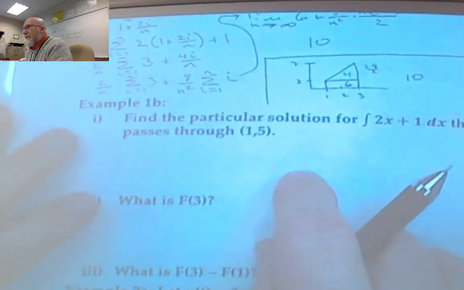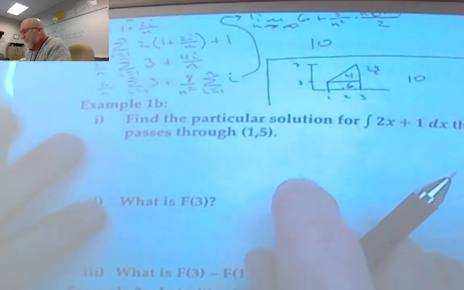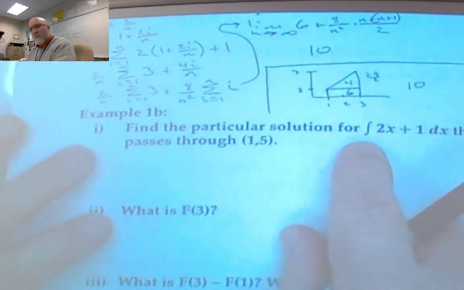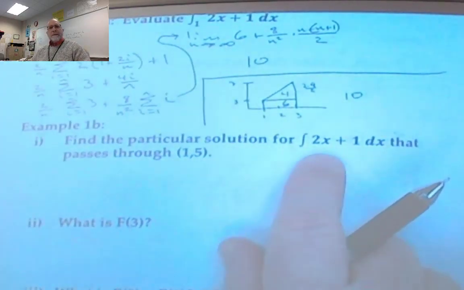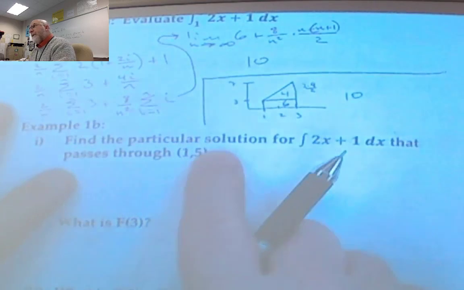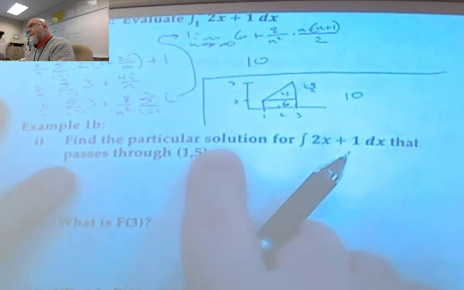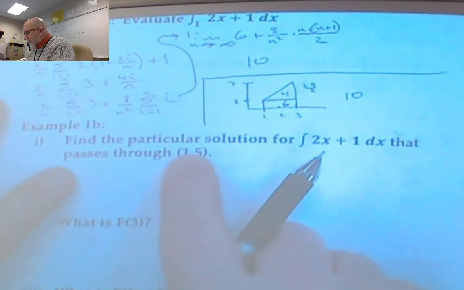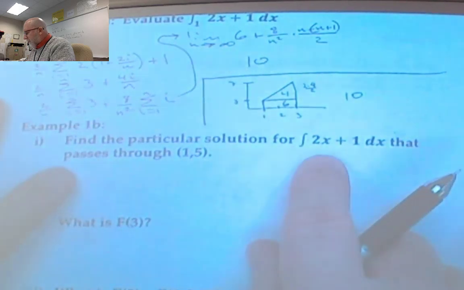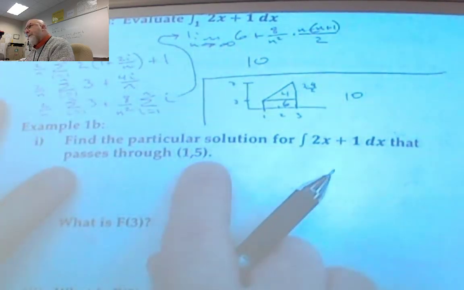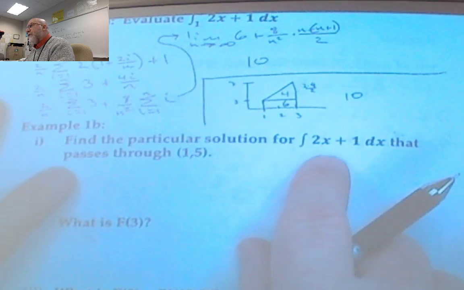Okay, we're shifting gears slightly. Aaron, what kind of integral is this? Indefinite integral? So do you know how to figure out the particular solution? Find the particular solution for this indefinite integral that passes through (1, 5). Not sure? Okay. What if I asked you to find the general solution to this?